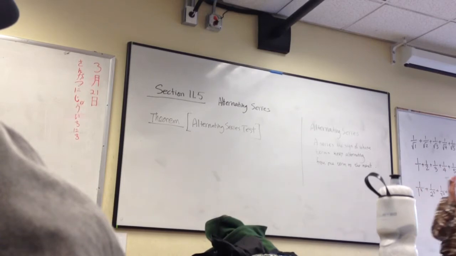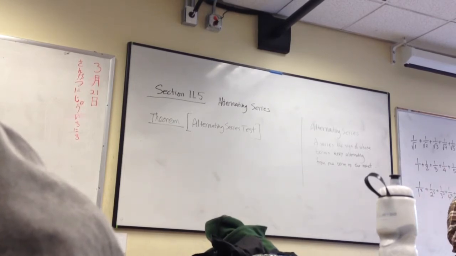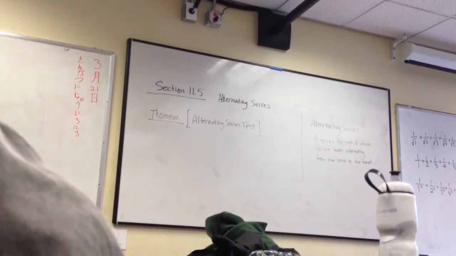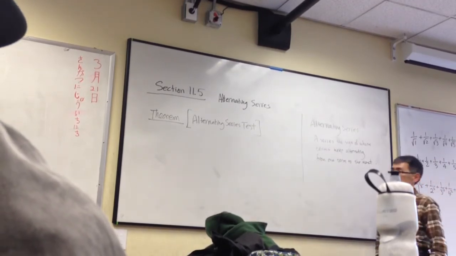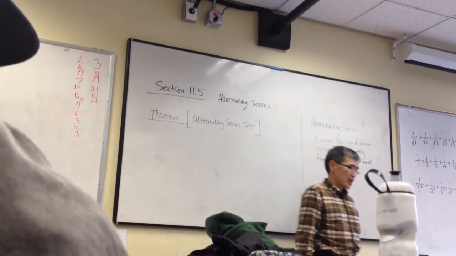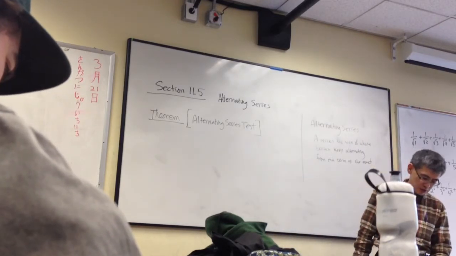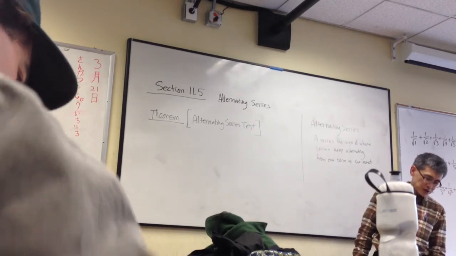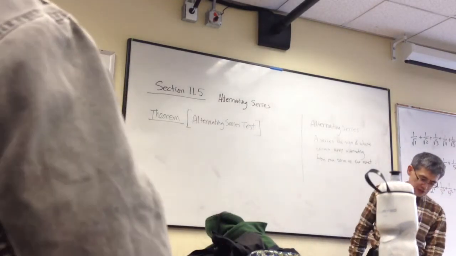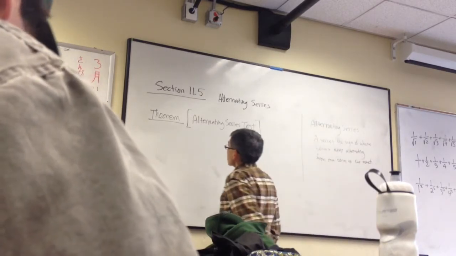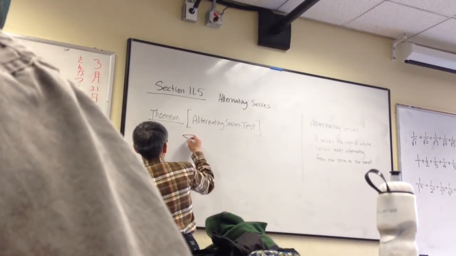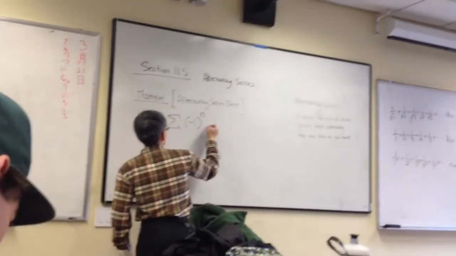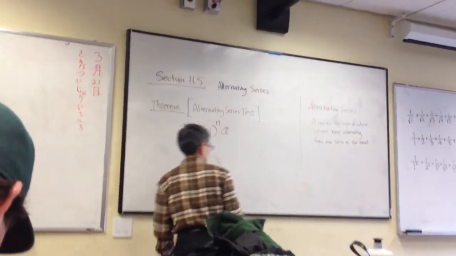It doesn't matter whether you start with positive or negative. It's positive, negative, positive, negative, positive, negative. That's what alternating series means. And then you need to capture two things. A general form of alternating series is like this. If you're interested in this one, an alternating series can be written in this way. Well, let me use G.